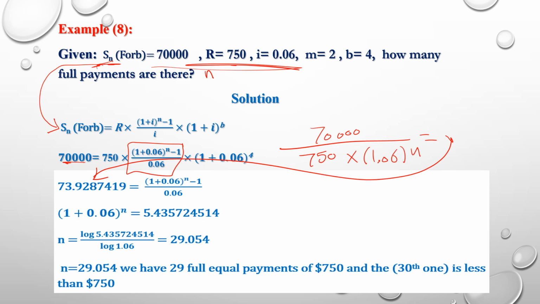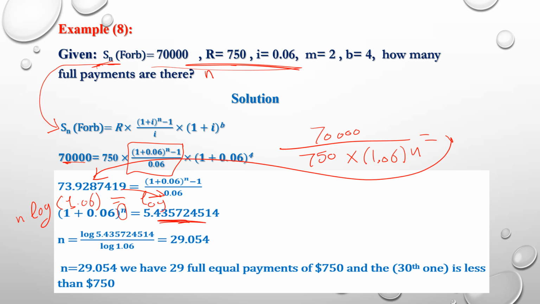And this equals the remaining quantity in this side of the equation, which equals ((1 plus I) power n minus 1) over I. So by multiplying these sides by each other, we get (1.06) power n equals this quantity. So we have to take the logarithm of both sides in order to find the value of n. So this means n log 1.06 equals log of this quantity.